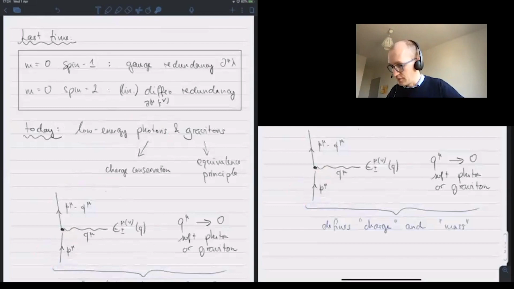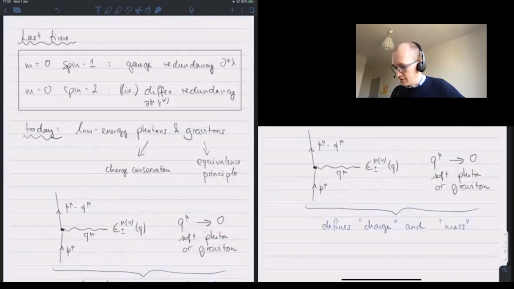It emits a photon of momentum q mu. And so the outgoing particle will have the momentum running through it, p mu minus q mu. We characterize the emitted photon by its polarization state epsilon plus or minus of q. And in the limit that the momentum goes to 0, q mu goes to 0, this is what we call a soft photon.